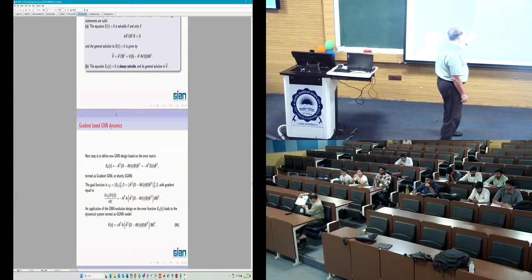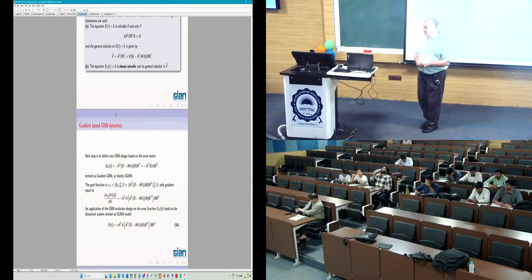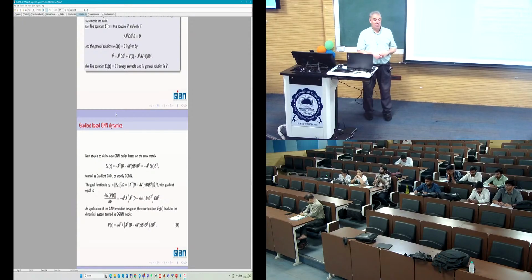The first part will be aimed at one improvement, one modification of gradient neural network design. Then we will consider some modified ZNN designs.